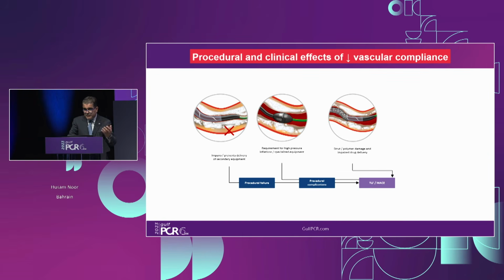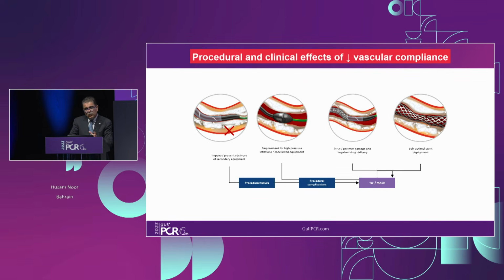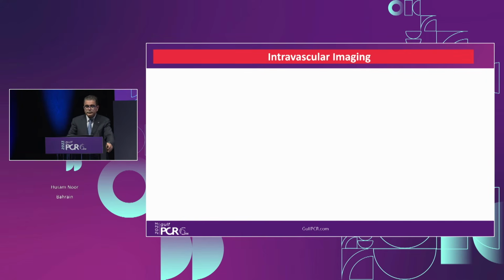And if there is still calcium there, even when you try to push the stent, all of us have had this problem in which you damage the stent or the stent comes off the balloon. The worst thing that could happen is that you deliver the stent, but the stent does not get a good expansion. What we're trying to do is achieve a better compliance of the vessel, and this would turn into a clinical outcome, which is that you decrease your MACE and you decrease your TLF.